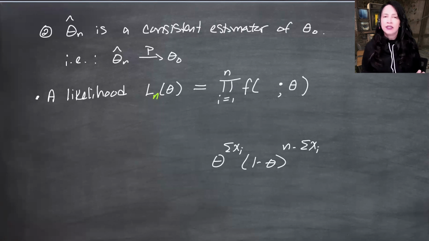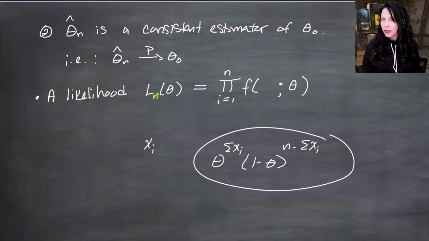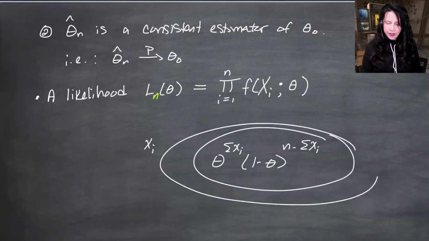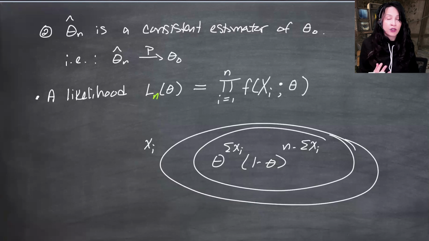I'm going to do something a little different than anything we've ever done. There's usually a lowercase x sub i in there, and so the likelihood might look something like this. I want to plug random variables in for the x's, so I'm going to put capital X sub i, so that I could talk about this function having certain expectations, or converging in probability to something, and have some randomness in there to work with.